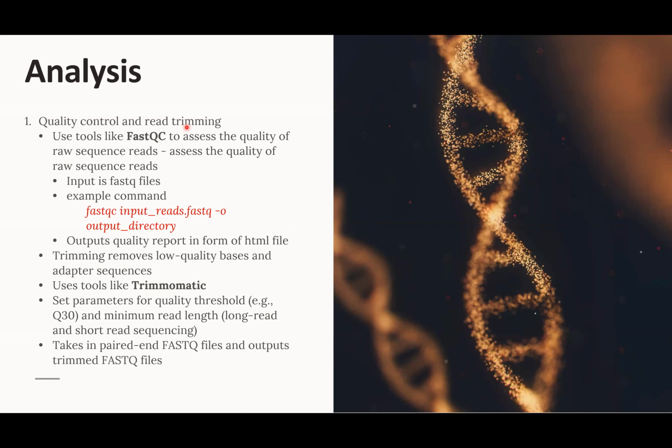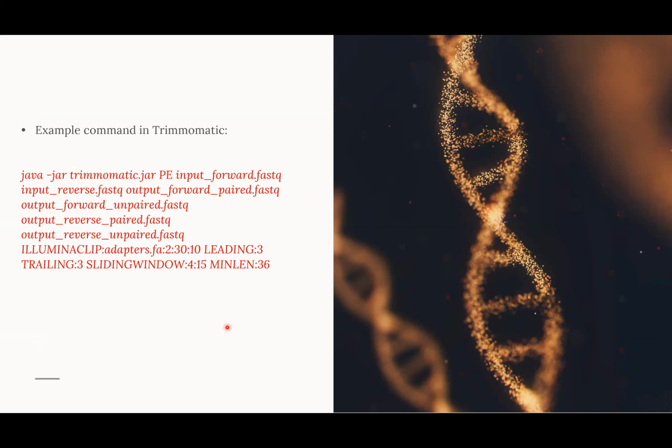If you're not, you can do quality control again, using FastQC to check the quality and repeat the whole process again. So this is the command you run on Trimmomatic. So you add the input file and the output, the input, reverse read and forward.